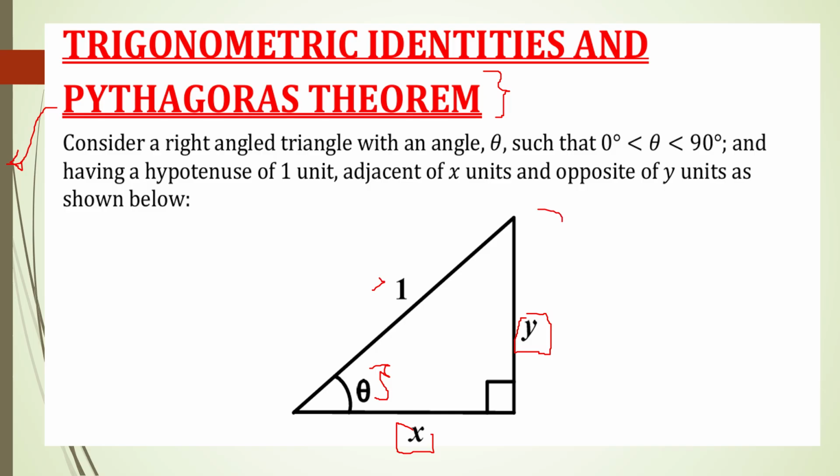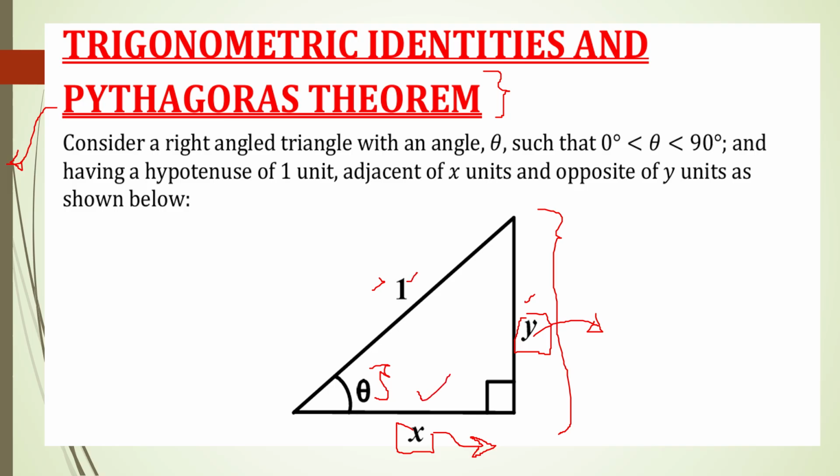Now in the first video, we saw how I'm calling y to be sine theta and x to be cos theta. We derived that in the first video. So now let's proceed and see how we can use this right angle triangle. According to Pythagoras theorem, if you get y squared and add it to x squared, we are going to get 1 squared.